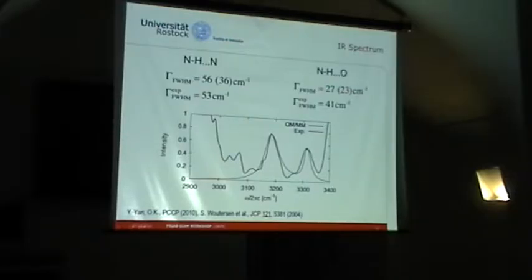How I get this T1 time, I will comment on shortly. The description for the NHO hydrogen bond is a little worse, but as I said before, there are also substantial fluctuations here due to the subtraction of the solvent background, particularly in this region of the spectrum. So the experimental values are also not really very reliable.